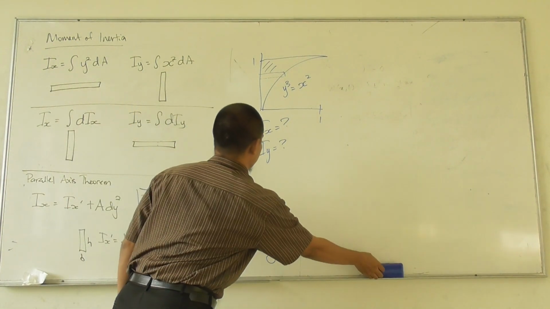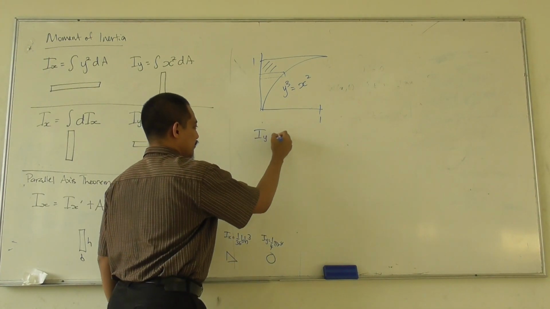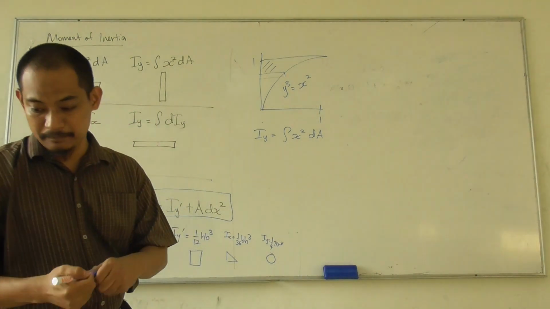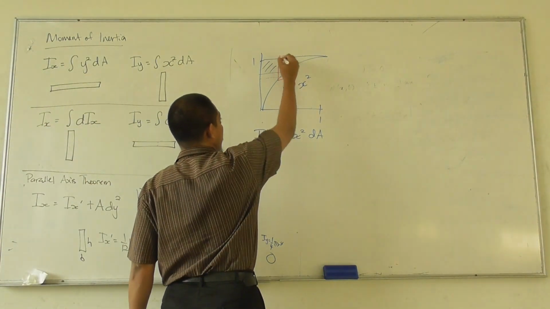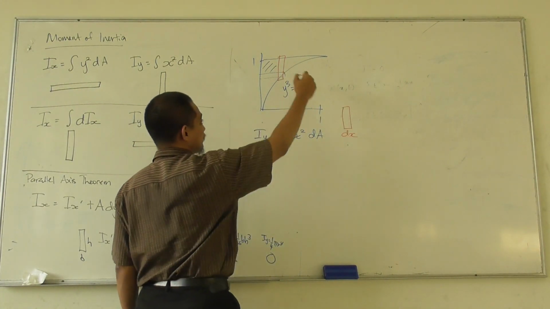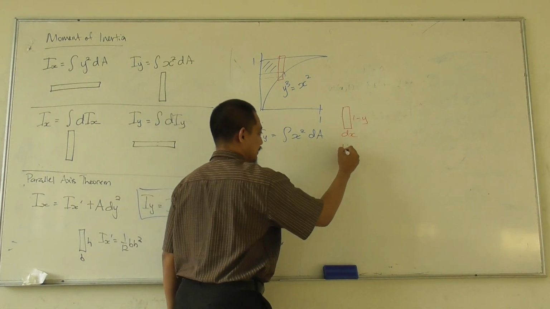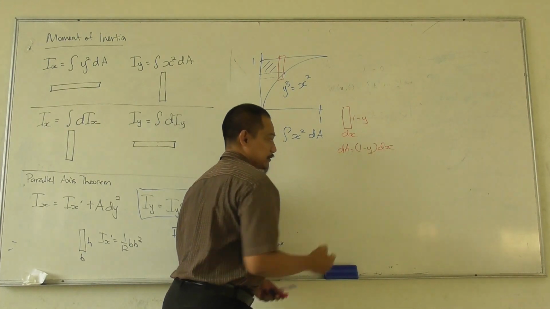If you have Iy equals integration of x squared dA, the element will be vertical. So the element will be like this, this is dx. What will be this height? 1 minus y. So dA will be 1 minus y dx.